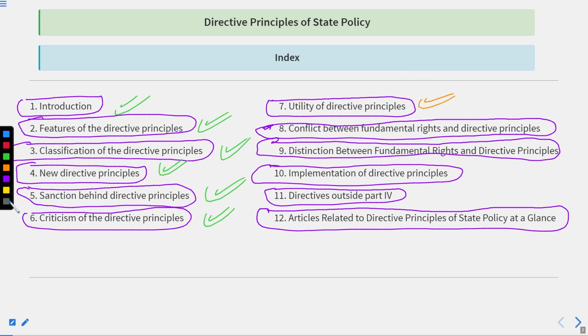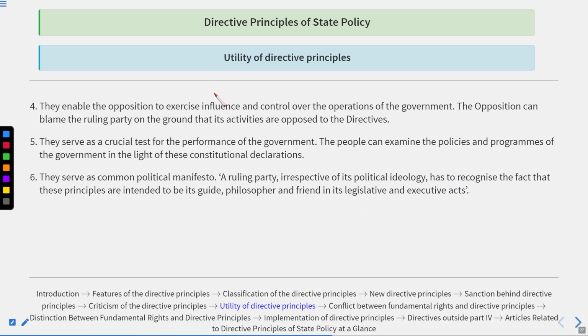And the topics we are left with are the conflict between fundamental rights and directive principles, distinction between fundamental rights and directive principles, implementation of directive principles, directives outside Part 4, and articles related to the directive principles of state policy at a glance. So we will start from where we had left in the previous lecture. We were discussing the utility of directive principles.